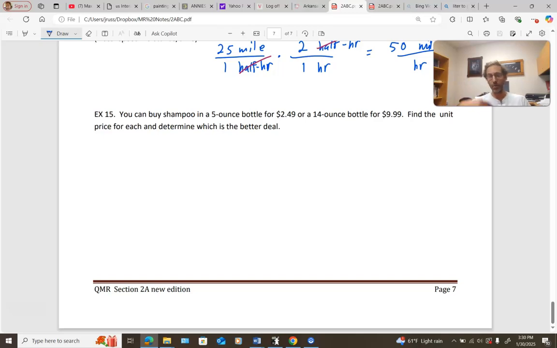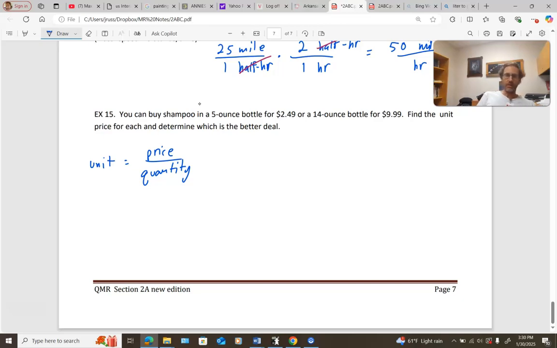That means you're getting more for your money. Okay, so how do we find this unit price? Well, it's going to be the price divided by the quantity. And this quantity could be in ounces, it could be in pounds, it could be in grams, whatever.